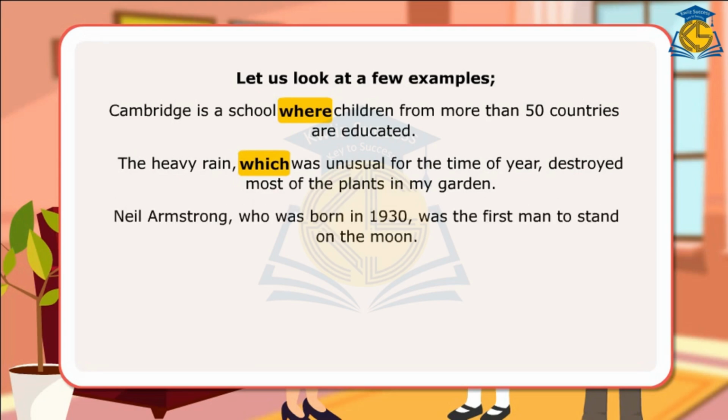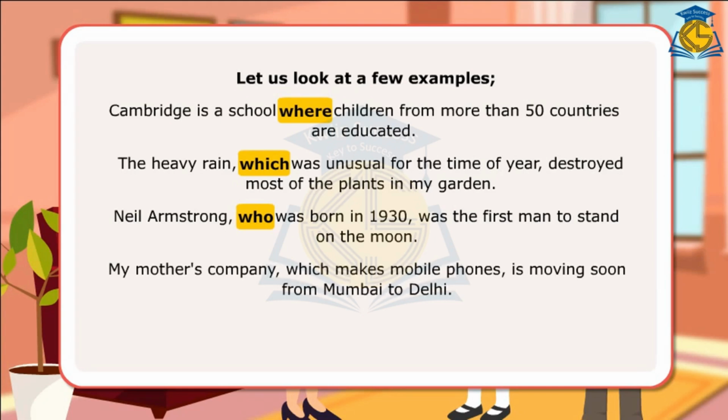Neil Armstrong, who was born in 1930, was the first man to stand on the moon. Non-defining clause introduced by who. My mother's company, which makes mobile phones, is moving soon from Mumbai to Delhi. Relative clause with extra information introduced by which.